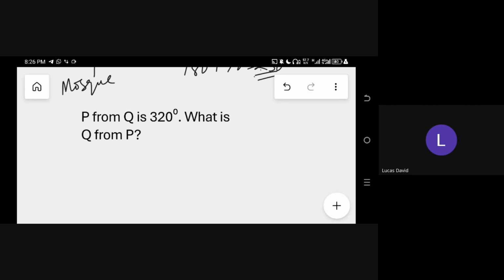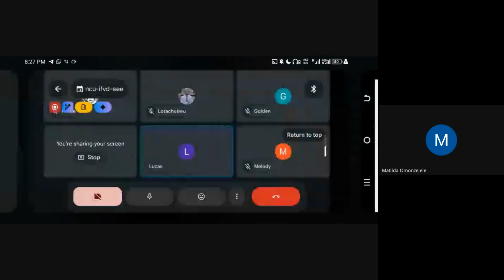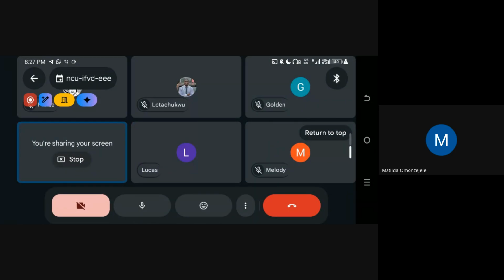And any answer anyone is giving, if you disagree with the answer, please let us know and give us your opinion as well. Melody, how far have you gone? I disagree with Lucas' answer. Okay, who disagrees with Lucas's answer? Matilda. Okay, Matilda disagrees with Lucas's answer.